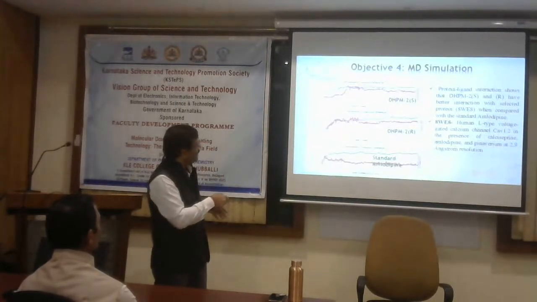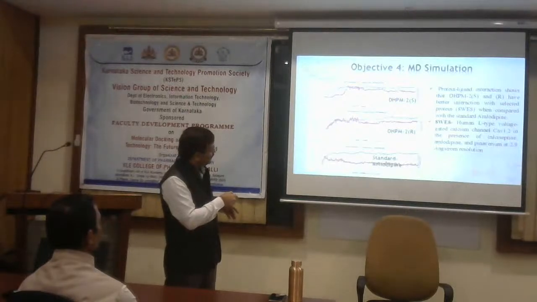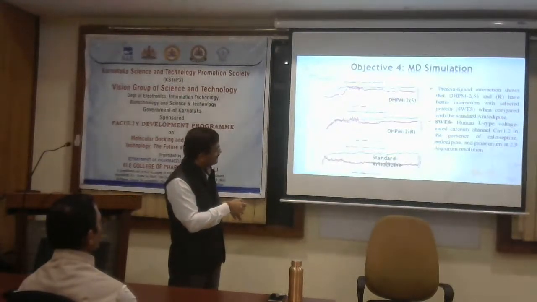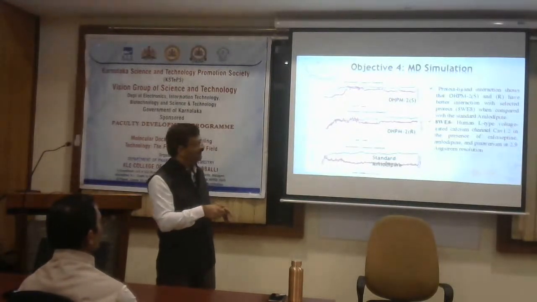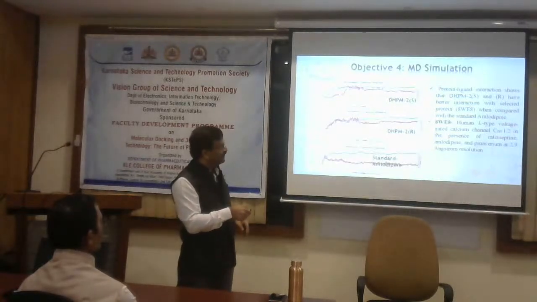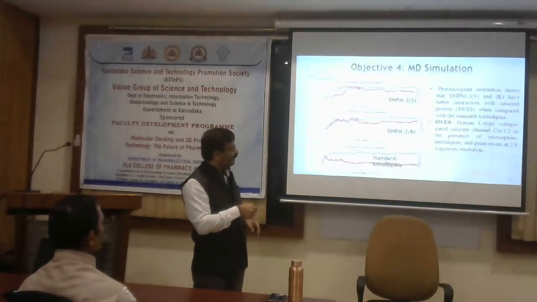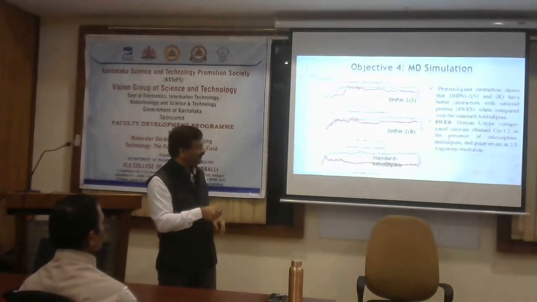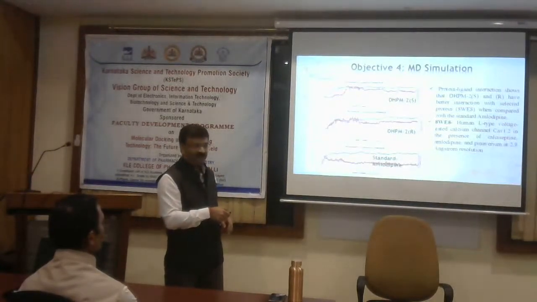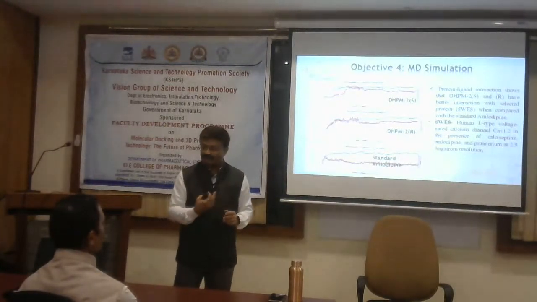But afterwards, from 10 to 100 nanoseconds, stability was observed. So the protein-ligand interaction shows that the dihydropyrimidines R and S have better interaction with the selected protein when compared to the standard amlodipine. This also gives a better idea.